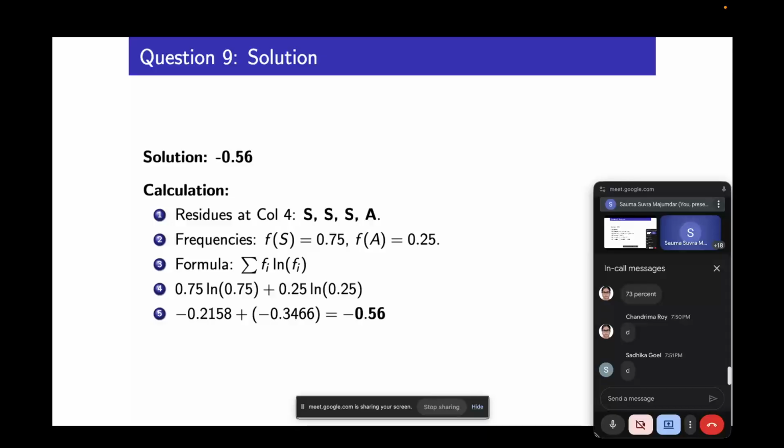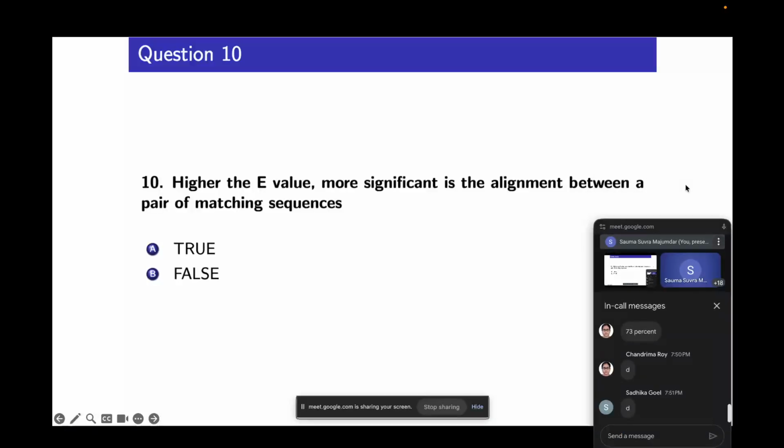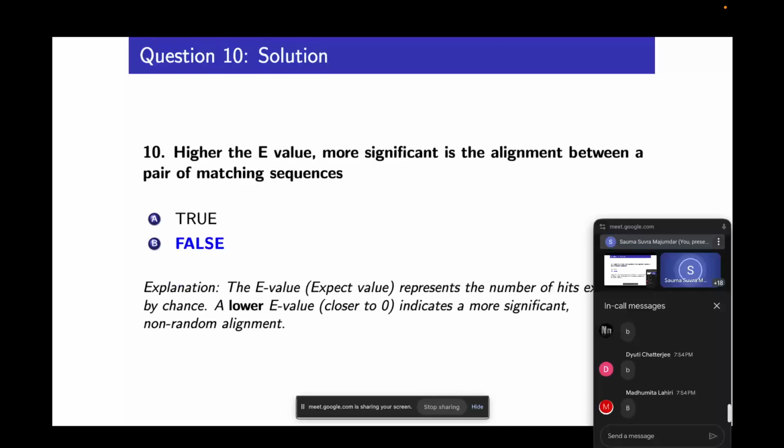Okay. Last question. The answer is B. If you have a lower E value, it tells you that it is a significant alignment and it is not by chance.